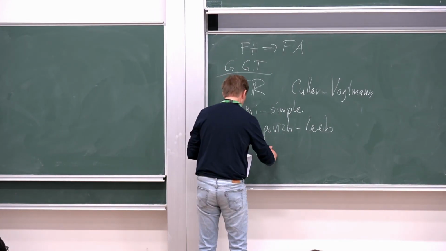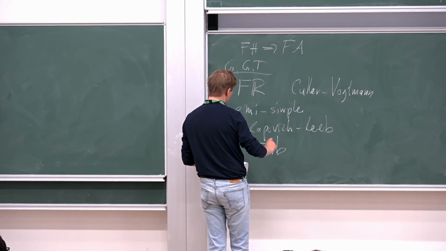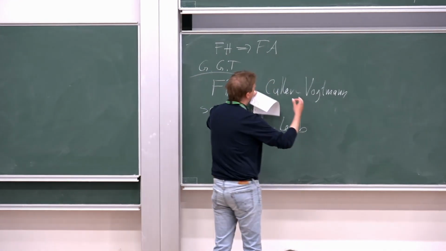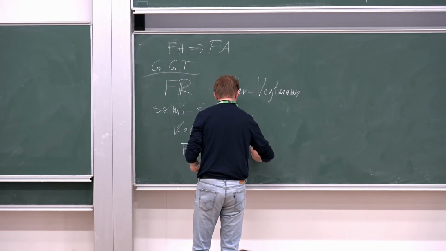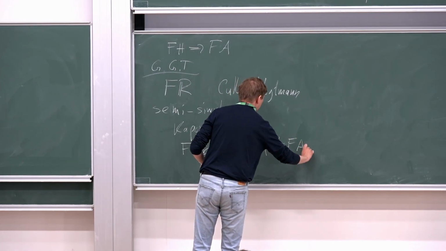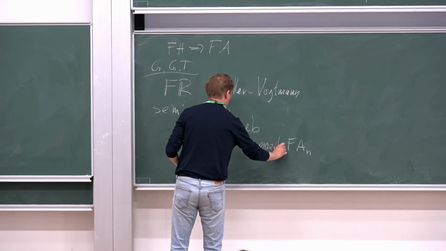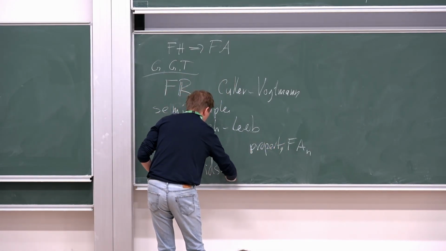But just to finish this introduction, so far in 2003, I think, the question was: okay, what about trees? What about extending it to higher-dimensional CAT(0) complexes? So he introduced property FA_n, where n is the dimension, and also Bridson.